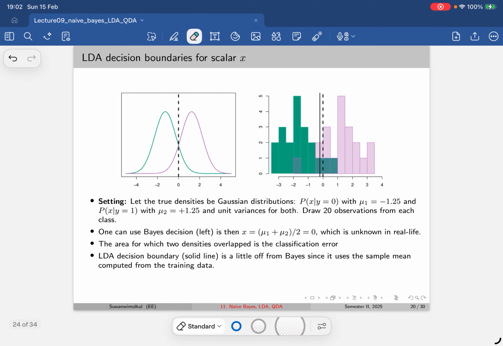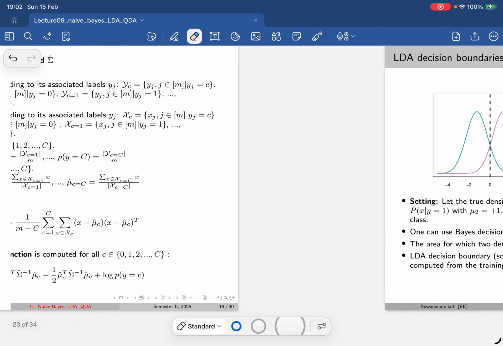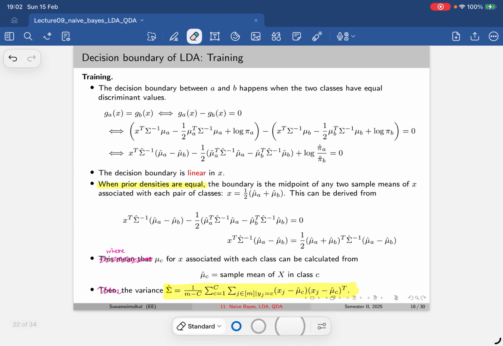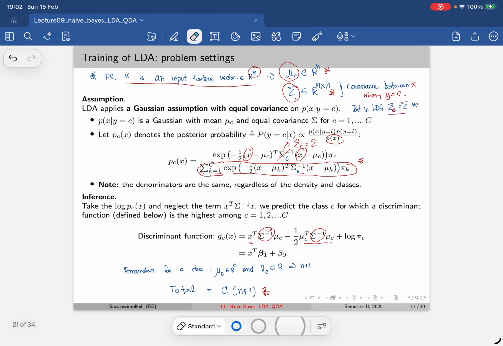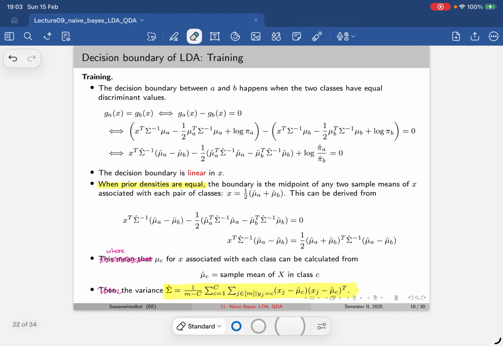In fact, what is important about this lecture is the fact that you can further analyze the performance of your LDA or QDA by looking at its decision boundary. So what is a decision boundary?